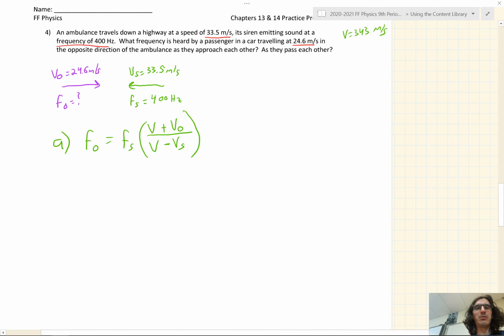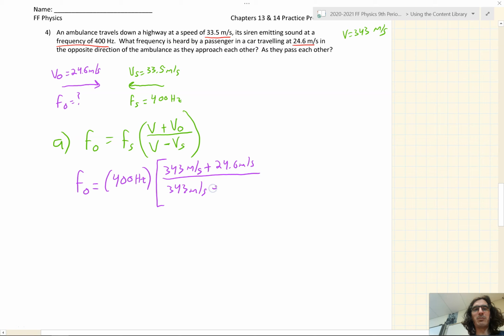To calculate the observed frequency, all we're going to do is plug and chug. F0 equals 400 hertz times the speed of sound, 343 meters per second, plus the speed of the observer, 24.6 meters per second, divided by 343 meters per second again, minus the speed of the source, 33.5 meters per second.